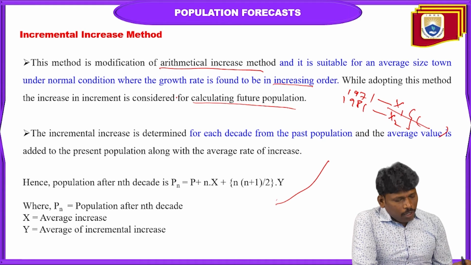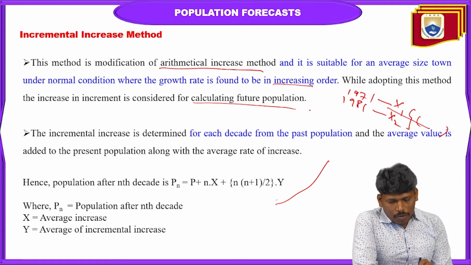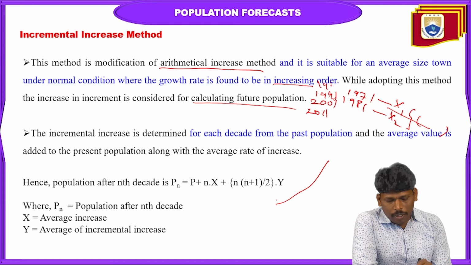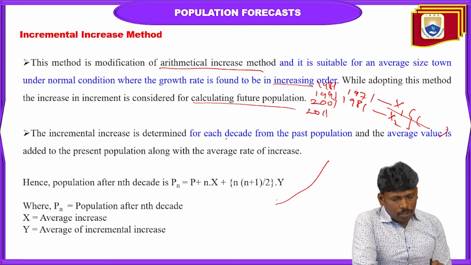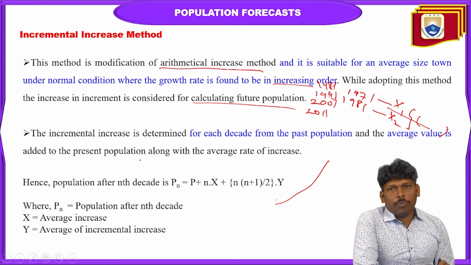The incremental increase is determined for each decade from the past population. As I told, 2011 is the reference, and before that we have 2001, 1991, 1981, like this. From the past, for each decade we have to calculate the incremental increase from the past data, and the average value is to be added to the present population.